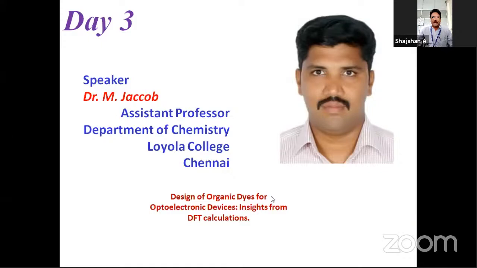He was the recipient of the DST Aspire faculty and DST Fast Track Young Scientist Award. He has published 54 articles in international, well-reputed, peer-reviewed journals, and 1 book chapter in Royal Society of Chemistry, Chemical Modeling.